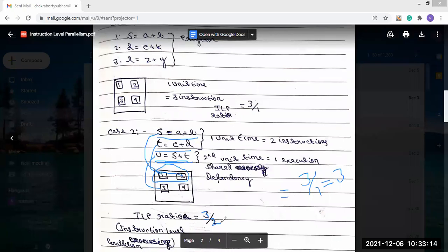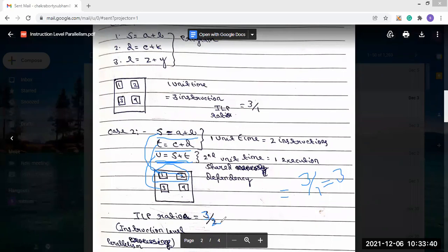Okay, is it clear, the ILP ratio? Yes, sir. Okay, so always remember what is mentioned. First, see the instructions. If it is like case 2, then a larger amount of time will be required.